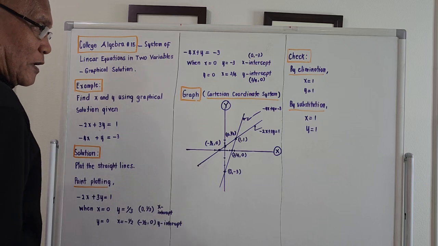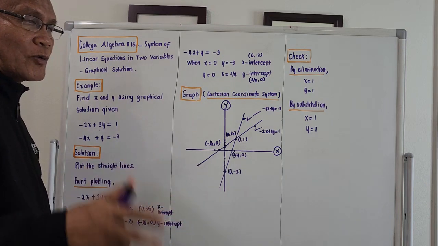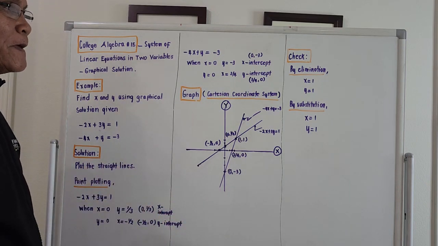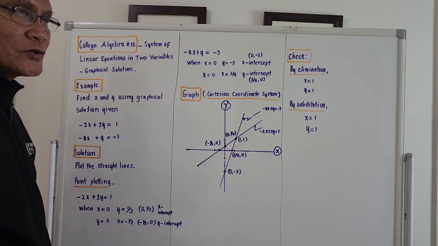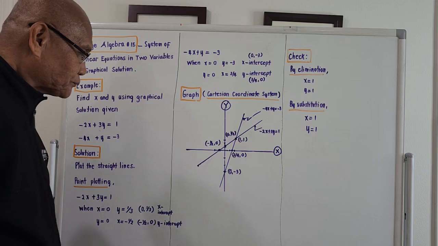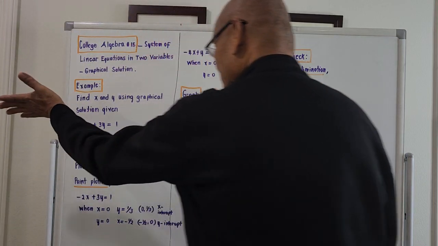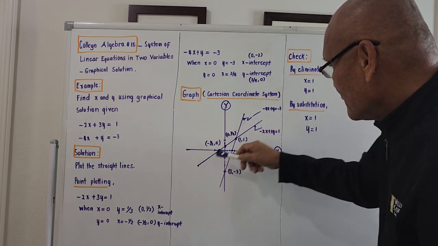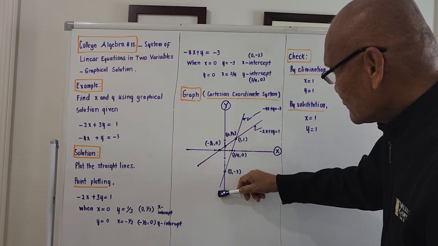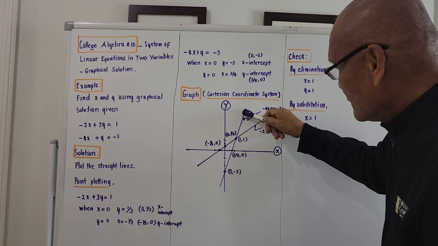We know for a fact that a system of linear equations consists of linear equations, meaning the two given equations are actually straight lines. Like for this example here, this is the first straight line and this is the second straight line.